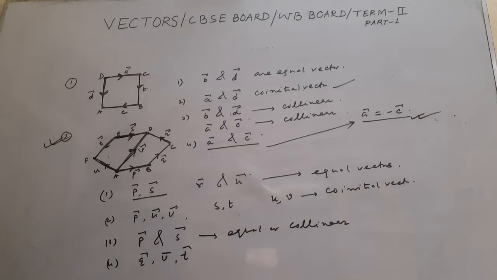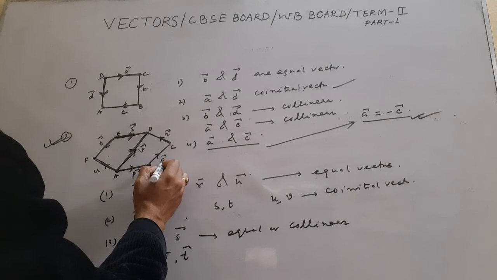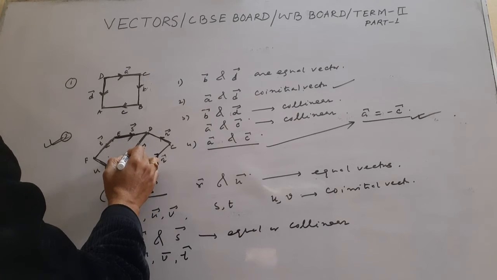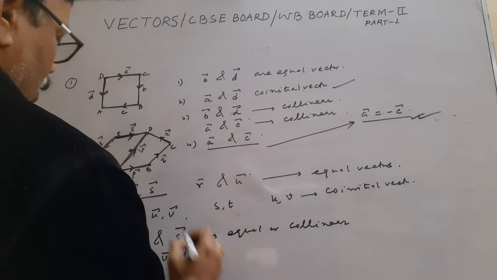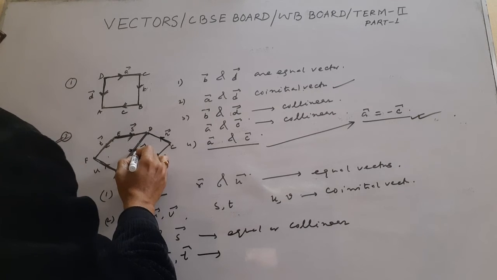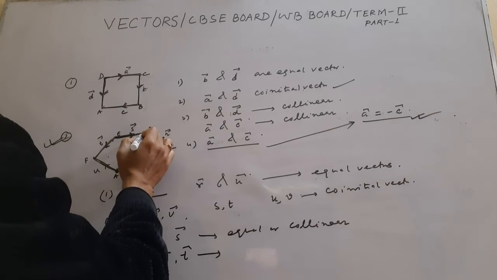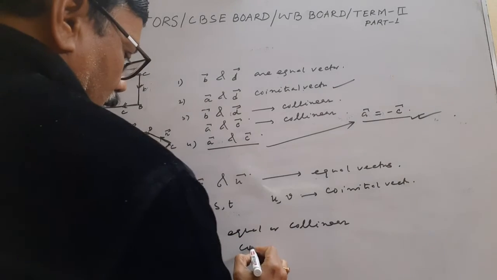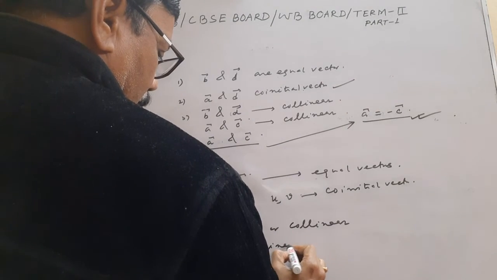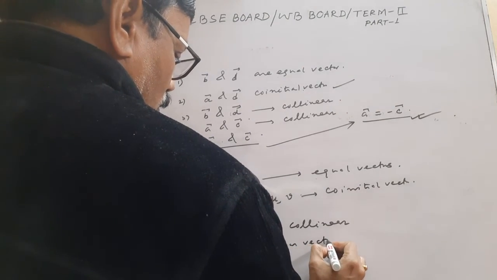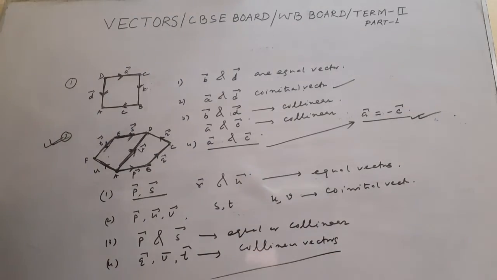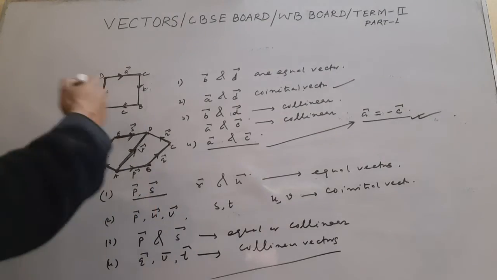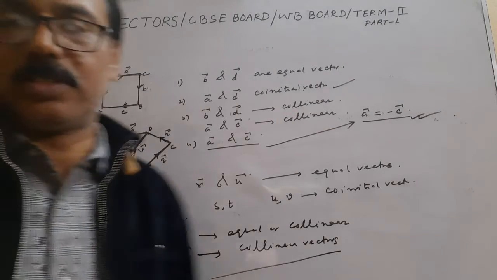Now Q, V, T. Q and V have the same direction. T is not of the same direction, but they are parallel. So they are collinear vectors. So, application of the above definitions.